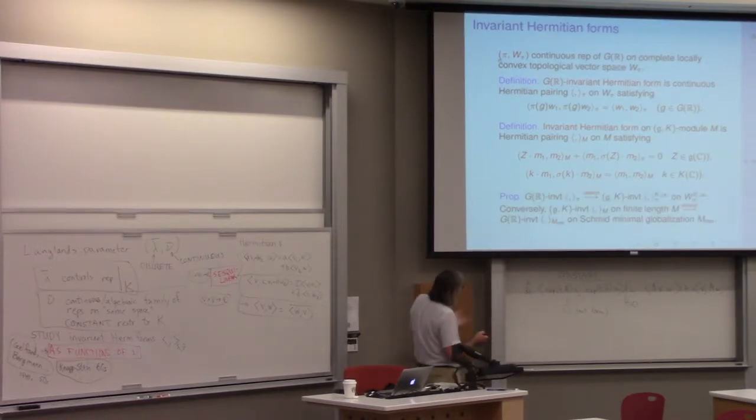So excuse me, what's easy is that if you have one of these group invariant Hermitian forms, then on this GK module of smooth K finite vectors, you get automatically, by restriction, a GK invariant form. So this first statement is just very easy.